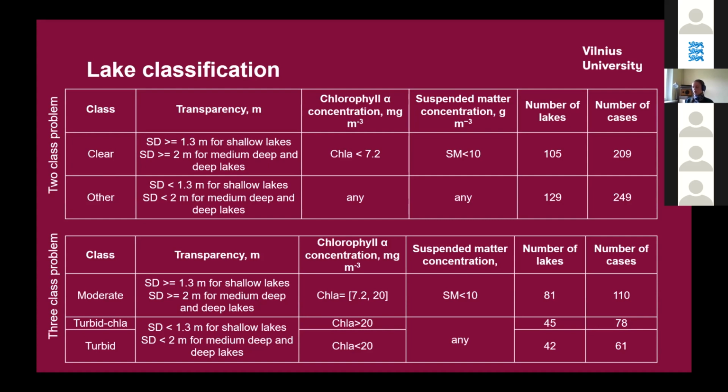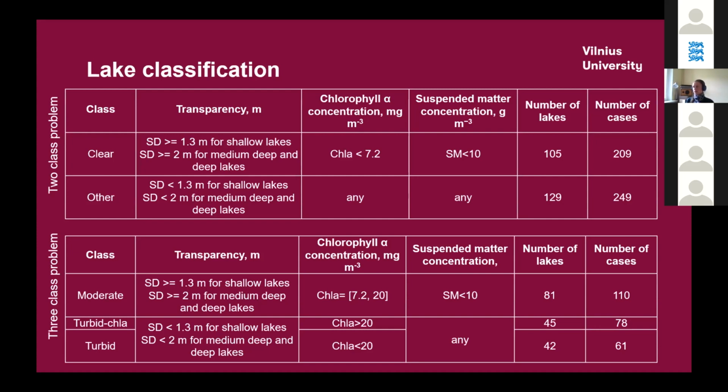In the beginning, we actually tried to make a simpler model to separate only 2 classes, so this Clear Lake class from other lakes. And these other lakes, as you can see in the lower table, have higher concentrations of optically active substances.